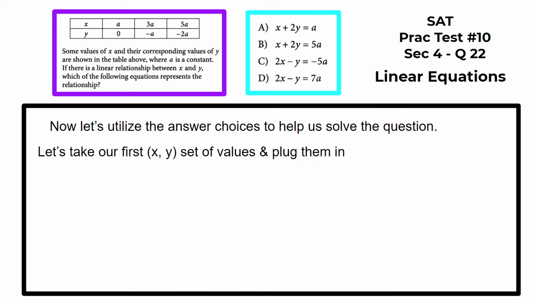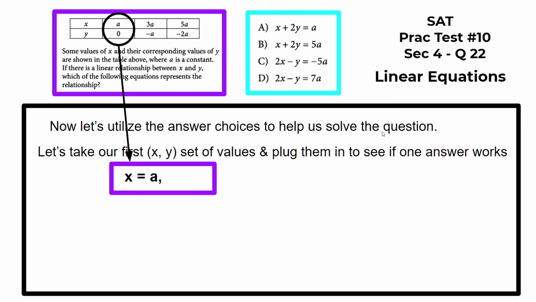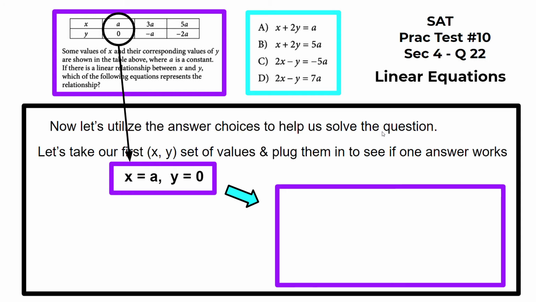Let's take our first xy set of values and plug them in to see if one and only one works. Let's try a and 0. x equals a, y equals 0. So for answer choice A, we have a plus 2 times 0 equals a. That works. Answer choice B, we have a plus 2 times 0 equals 5a.